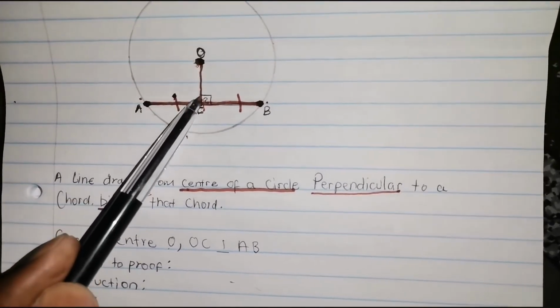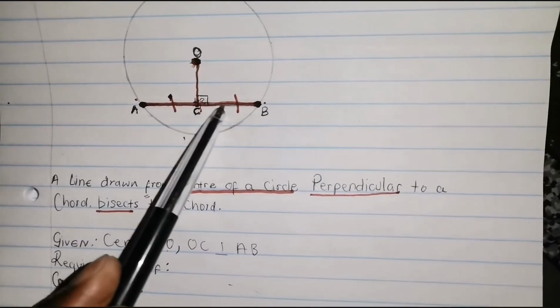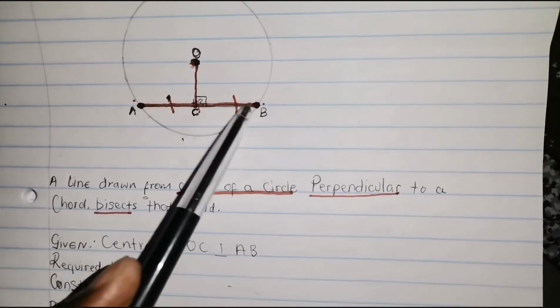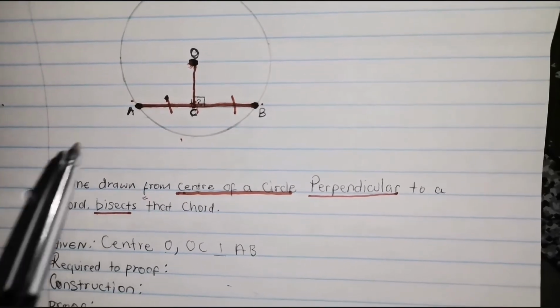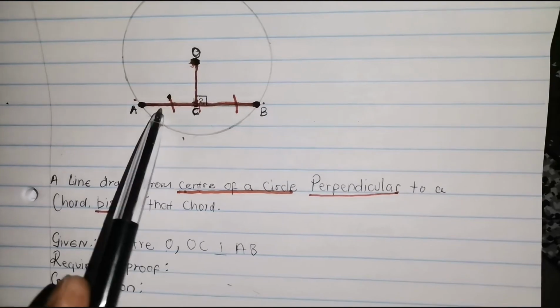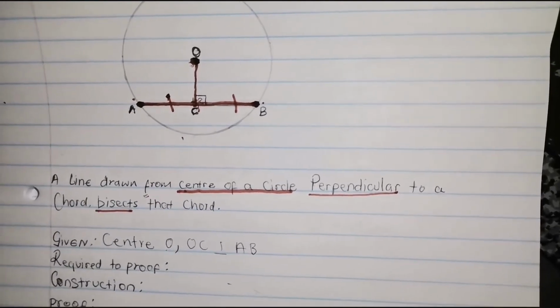When OC is perpendicular to AB, it means AB is bisected, meaning it is cut into 2 pieces, and we need to prove that indeed it bisects.